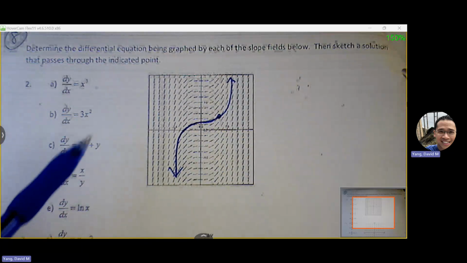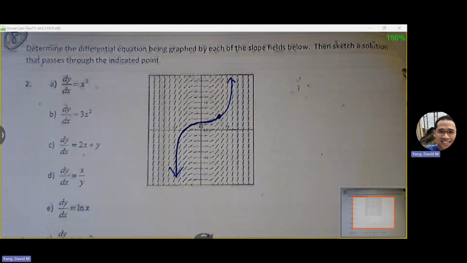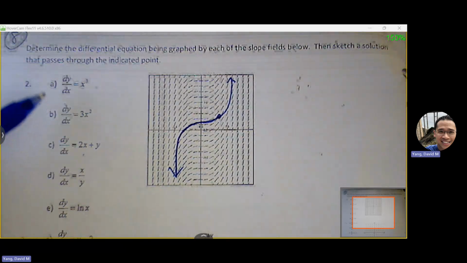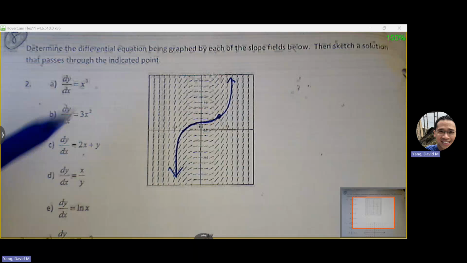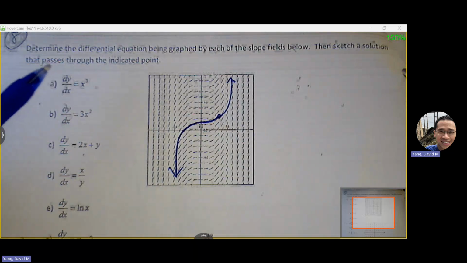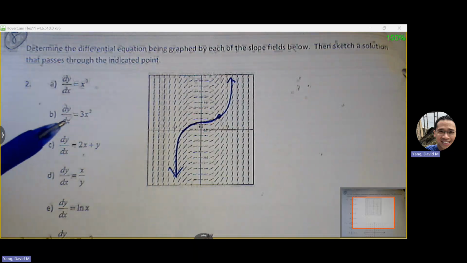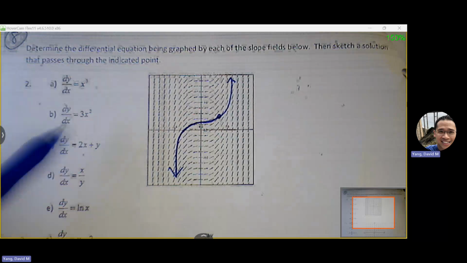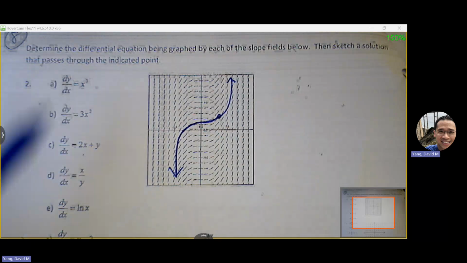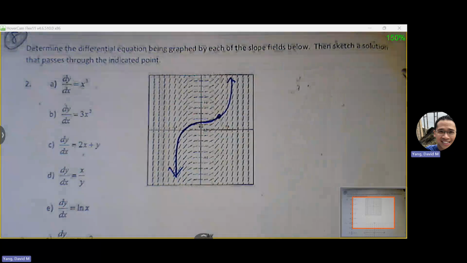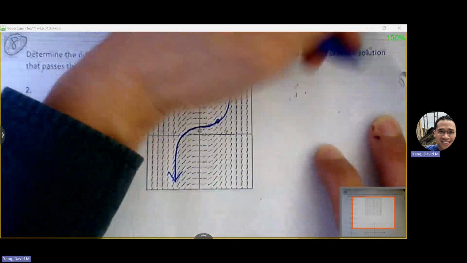So the idea is we want to identify a couple of characteristics. Whenever I see these types of problems, I always think about what I can do to eliminate the wrong choices. I like to eliminate the wrong choices rather than looking for the right ones. If I can eliminate 4 wrong choices, then the one that's left standing must be the right one. So here are the 4 things that I look for.